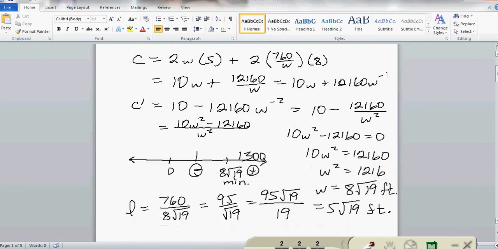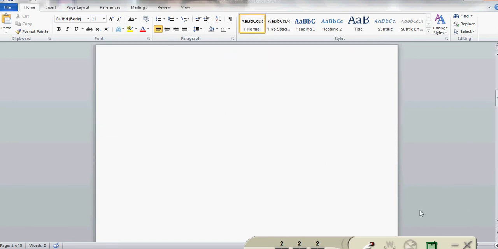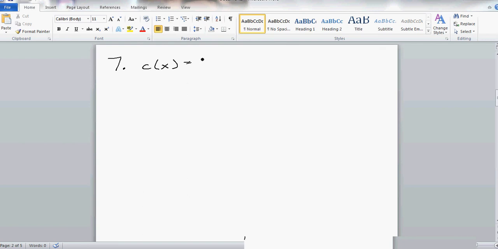Going on to example number 7, because I'm skipping number 6. Number 7, we have a cost function. C of x is 4x cubed minus 22x squared plus 6,849x.